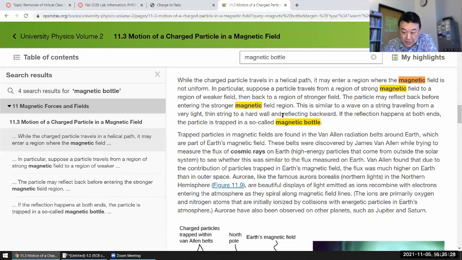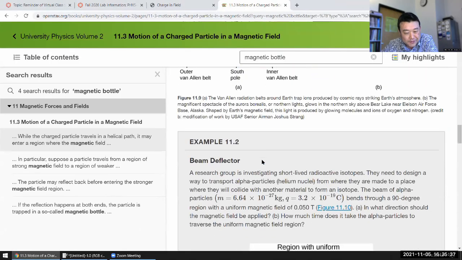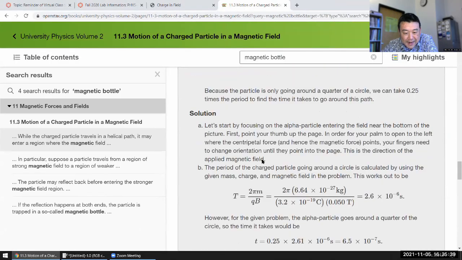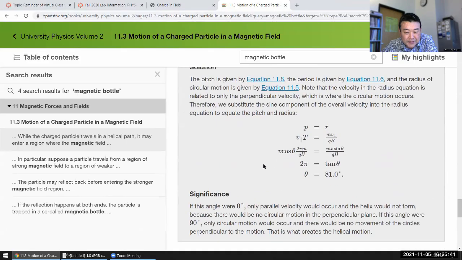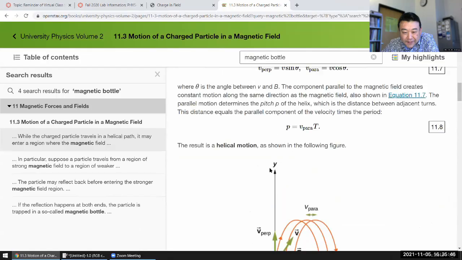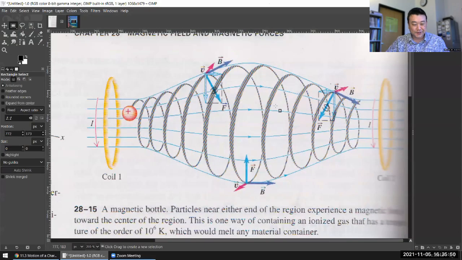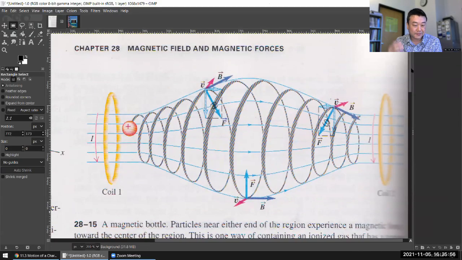So they do mention magnetic bottle, but they have this picture, which, all right, it's a kind of trapping also, but they don't have that nice picture that you see in my other textbook. Anyways, I just wanted to show this picture because apparently it's not that commonly shown in other textbooks, either ours or textbooks that other people use.